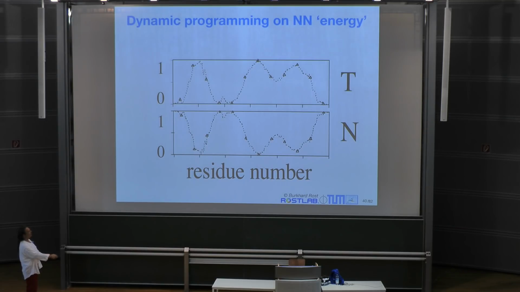Assume that we cut out the top graph, the energy landscape. Those are values. This is the first residue, the last residue in the protein, and this is the output of probability to be in a membrane helix. Is that clear to everybody? So far, so good. Now, I know membrane helices are between 17 and 25 residues long.